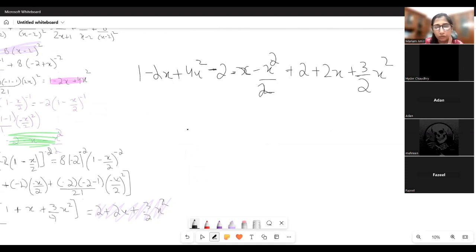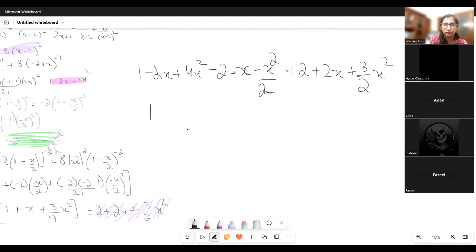Okay, add the constants, we get 1 minus 2 plus 2, so we just get 1. Now add the x terms. I see a minus 2x, then a minus x, then a plus 2x.